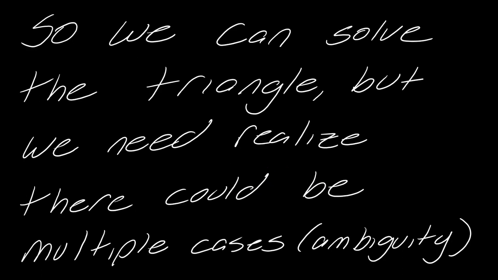We can still solve the triangle when we have SSA, but we need to realize that there could be multiple cases, and when there are multiple cases, mathematically we say there is ambiguity. That's why we say it's ambiguous.